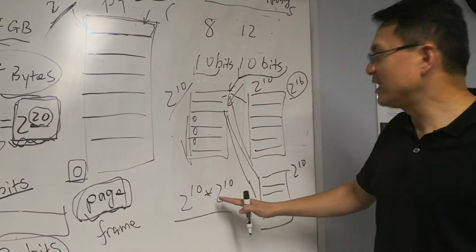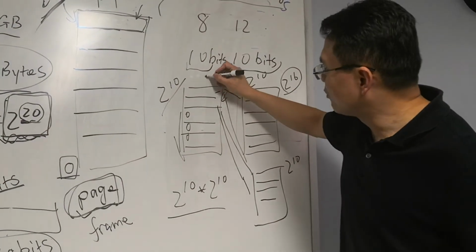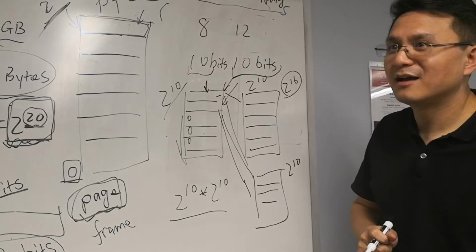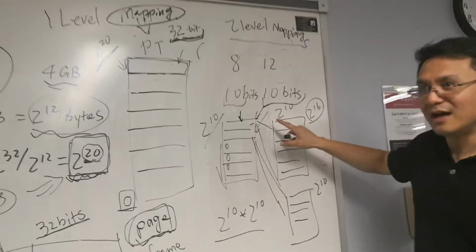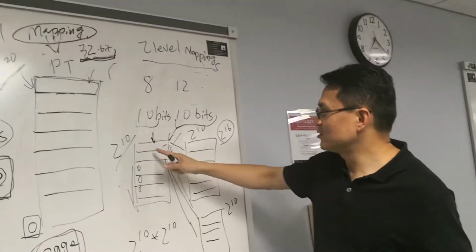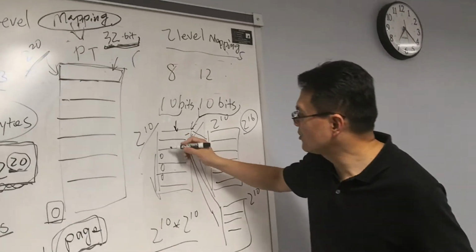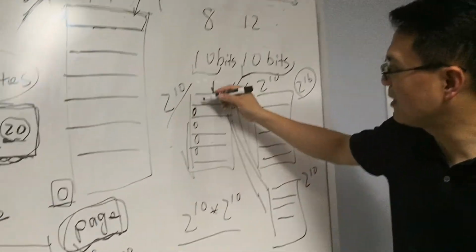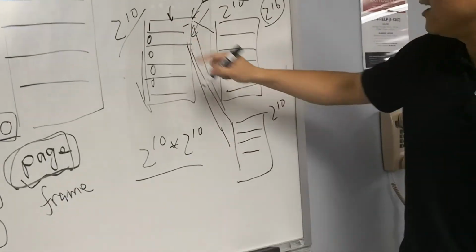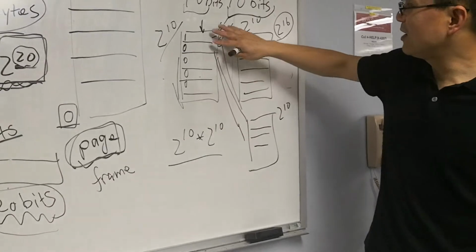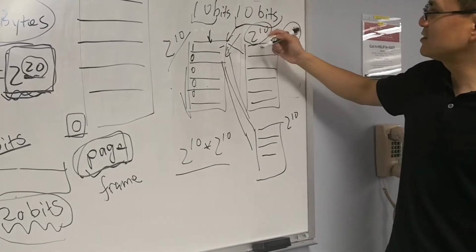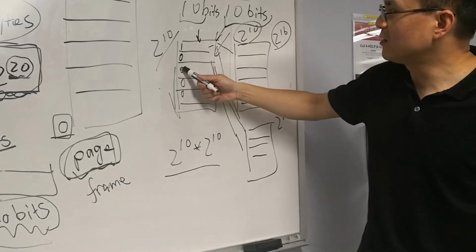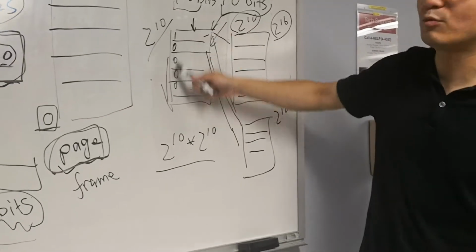With 2 level, you need to have 1 entry here, times 2 to the 10. In this situation, you can set up all other pages to be 0, and 1 page is valid. So you have 1 page corresponding to another 2 to the 10. Even if you set all these as 0, you still need to have at least 1 table.